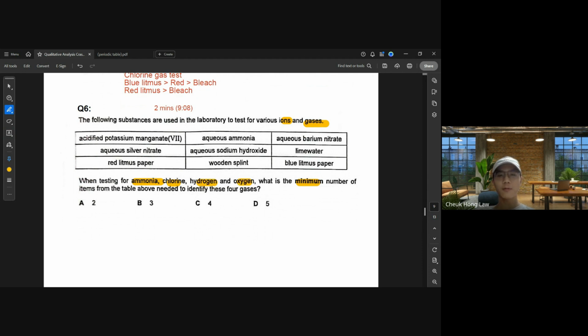Ammonia, chlorine, hydrogen, and oxygen. So we have to figure out what reagents we have to use. For ammonia, it's a red litmus paper. For chlorine, it is just any litmus paper.